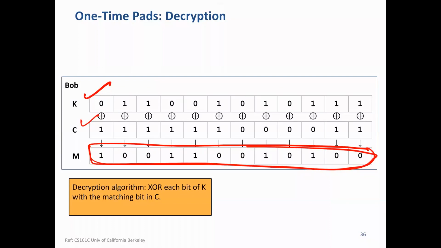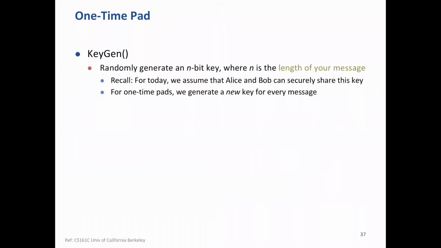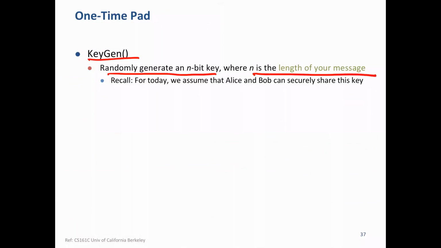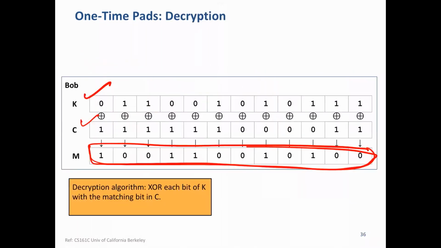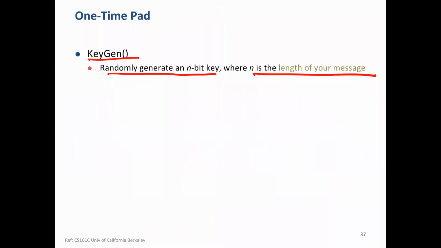So these kinds of problems are there, and there are also issues about the key. For the one-time pad, first randomly generate an n-bit key, where n is the length of your message. Note that the message size and the key size are the same.